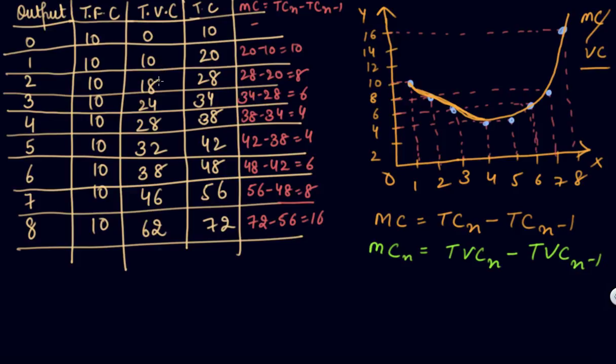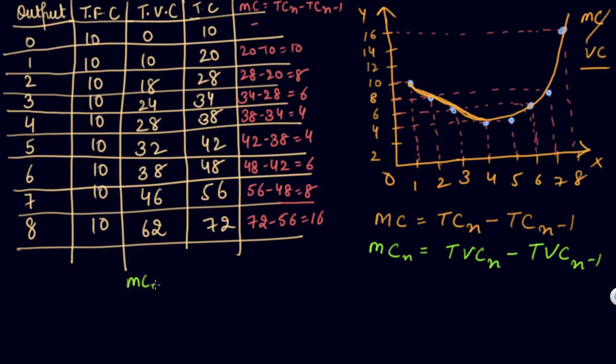See, 10 minus 0, 10, 18 minus 10, 8, 24 minus 18, 6, 28 minus 24, 4, 32 minus 28, 4, and then 38 minus 32, 6, 46 minus 38, 8, 62 minus 46, 16. Why is it so? Because your total fixed cost is constant. So if you take out the constant common, you can calculate your marginal cost from your total variable cost also. So let me help you derive the formula for how we did this.